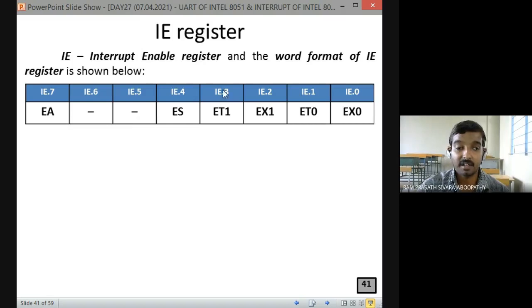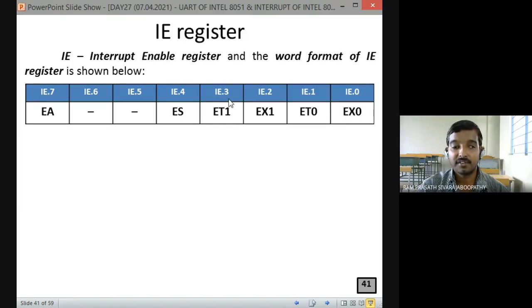If you observe carefully, E stands for enable. In all these bits, the name starts with E, which means enable. We must understand the meaning well. E stands for enable. X0 stands for external interrupt 0. T0 stands for timer 0. X1 stands for external interrupt 1. T1 stands for timer 1. Then S stands for serial interrupt. Fine.